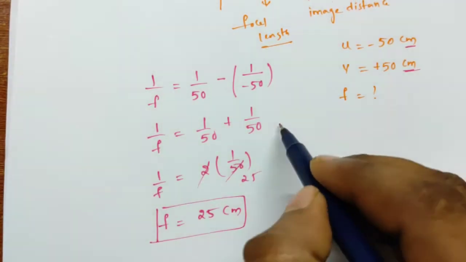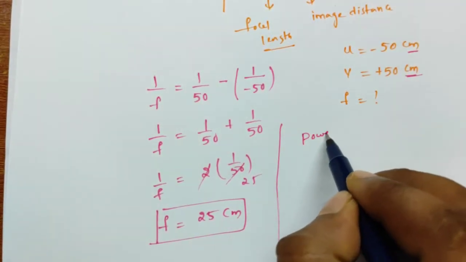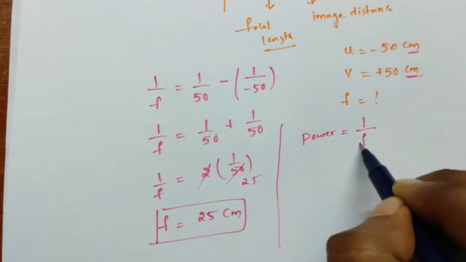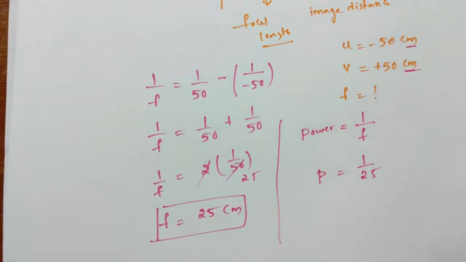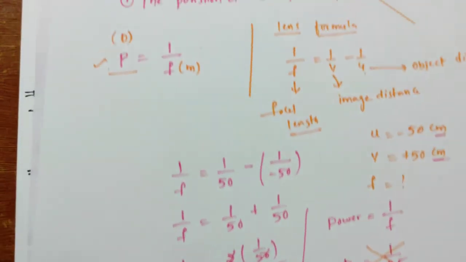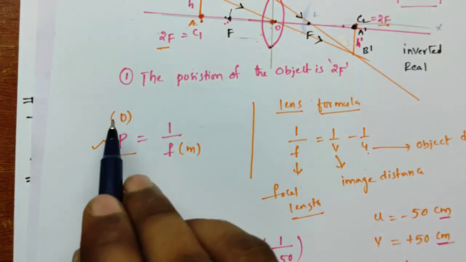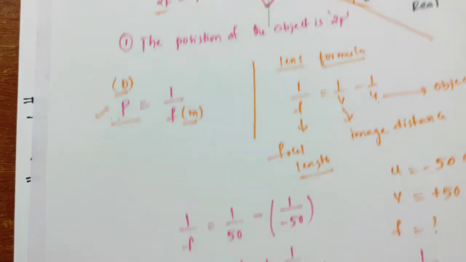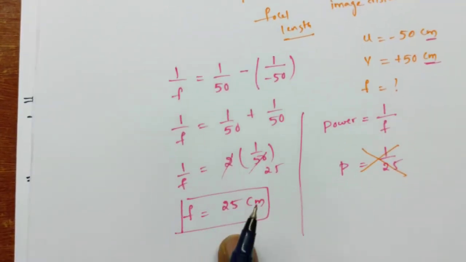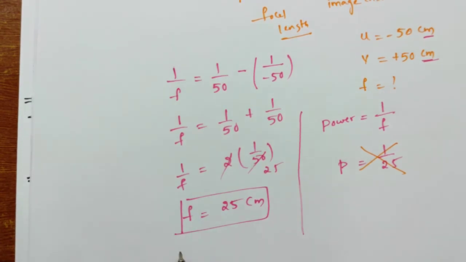Now we can apply the power formula. Power is equal to 1 by focal length, so power is equal to 1 by 25. Right? Wrong, absolutely wrong. That's why I already told you before: if you are taking power in diopters, the focal length must be in meters. Here this is in centimeters, so we need to convert it into meters.